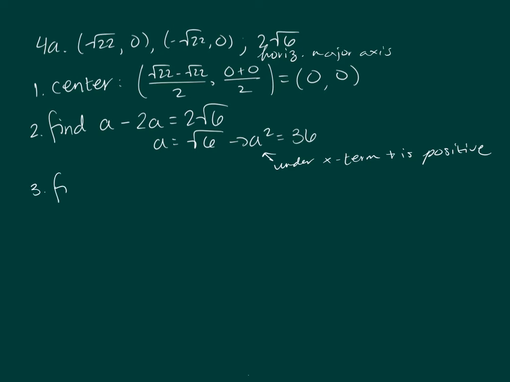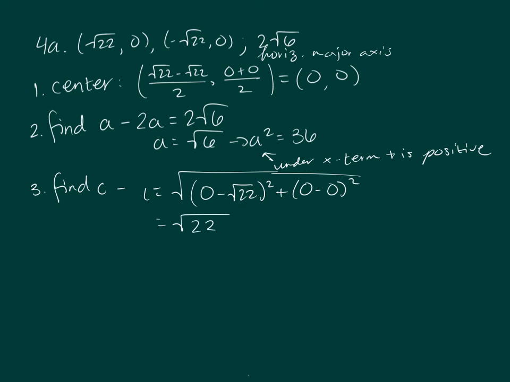And then we want to find c. Again, just like I did in the ellipse video, we're going to use the distance formula between the center and one of our foci. So c will be equal to the square root of (0 minus square root 22) squared plus (0 minus 0) squared, which is equal to the square root of 22, right? And that doesn't reduce. So c is square root 22. It's not a nice number. So that means that c squared will be equal to 22.